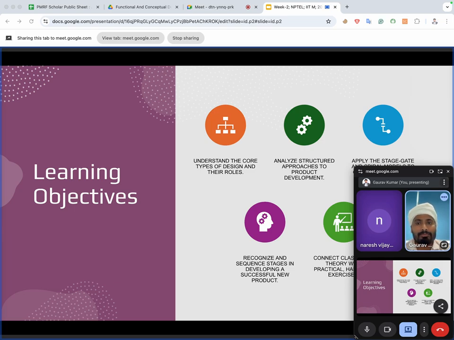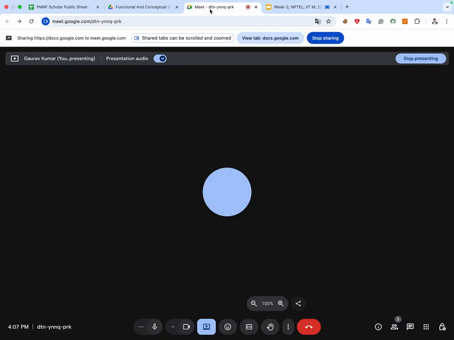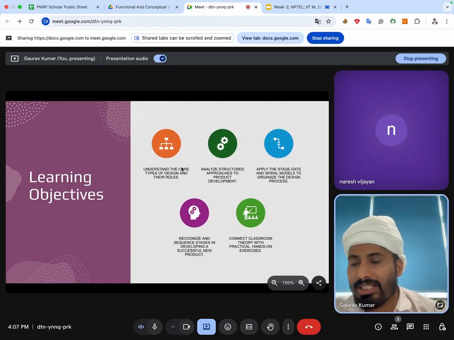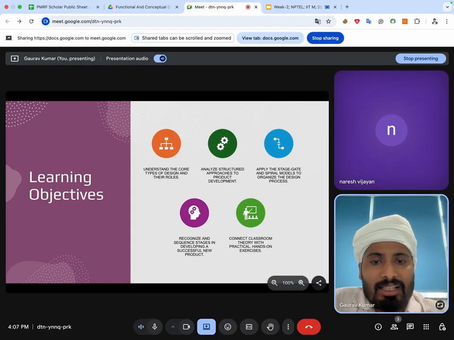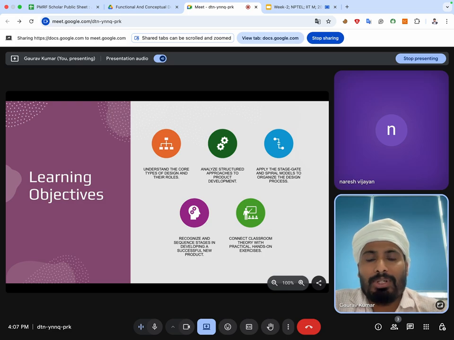Before we begin today's session, let's take a moment to understand what we are aiming to achieve. These are our learning objectives. The first is to understand the core types of design and their roles. We will explore original, adaptive and variant design.